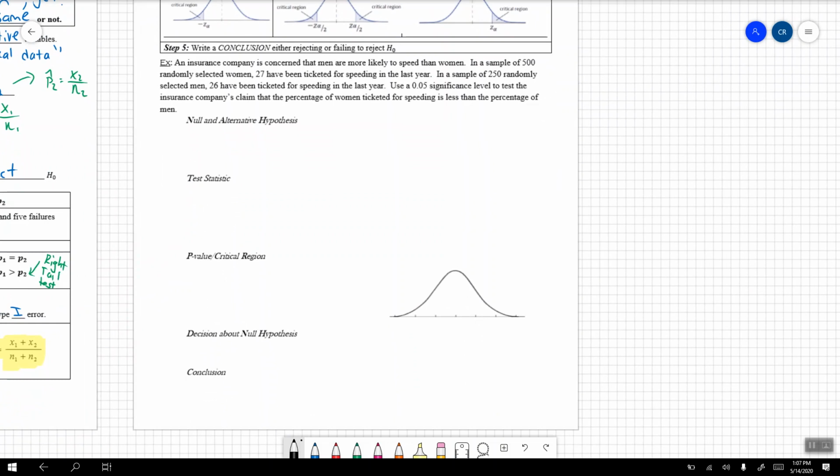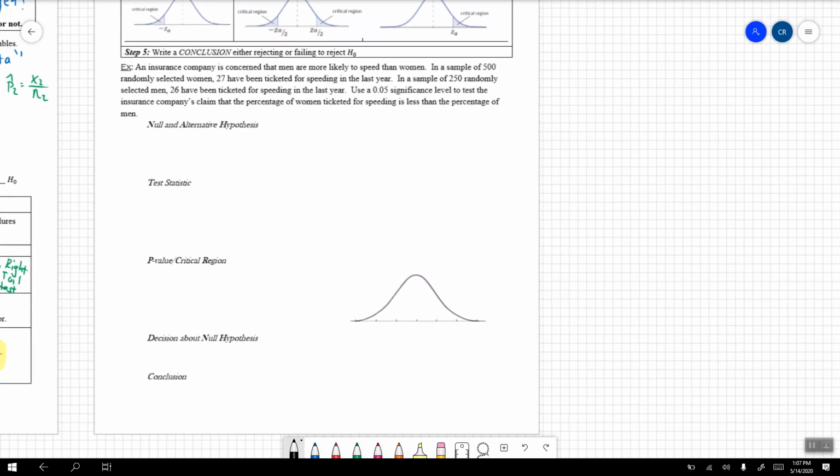All right, I know you all have been waiting for this, so let's jump right into this example. An insurance company is concerned that men are more likely to speed than women. Whoa, that actually might be the case. Interesting. In a sample of 500 randomly selected women, 27 have been ticketed for speeding in the last year.